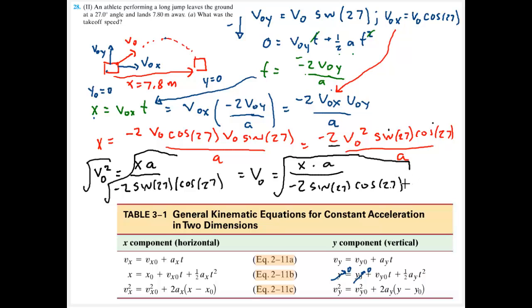I go ahead and I plug all those guys in where I say x is equal to 7.5. Acceleration is now going to be negative 9.8 meters per second squared, and sine of 27 cosine 27. At the end of the day, I'm going to get my velocity to be 9.72 meters per second.